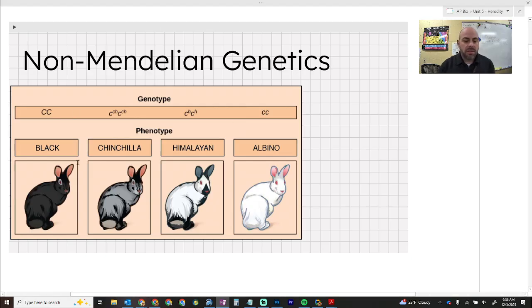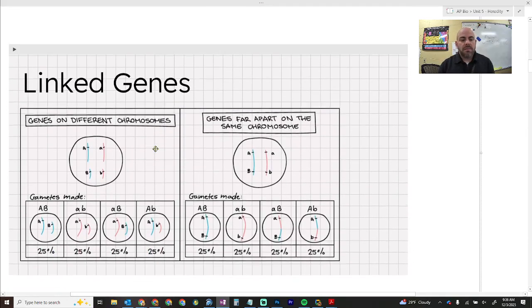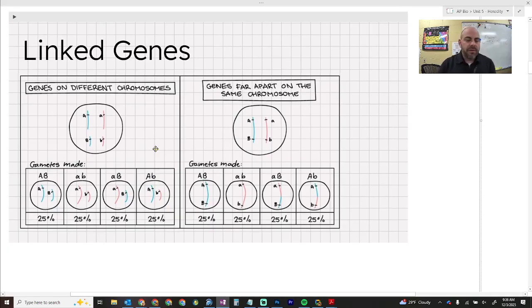Or maybe chinchilla is second place. I guess it just depends on how you look at it. But you get the idea. So Mendel didn't account for this, right? He didn't account for this idea that one gene can have more than two alleles. And so when we have something like this, something that doesn't quite fall into that normal Mendelian paradigm, we call it non-Mendelian genetics. The first of those is everyone's favorite, linked genes.